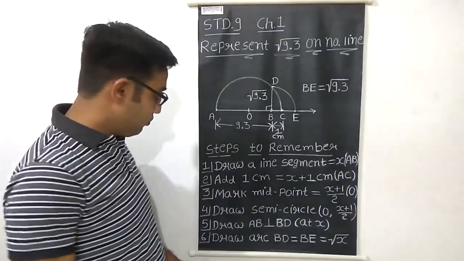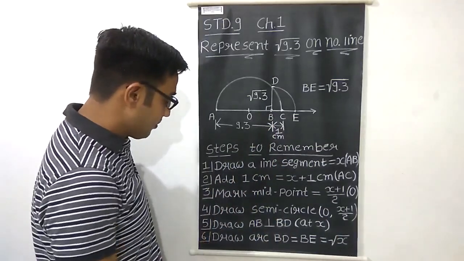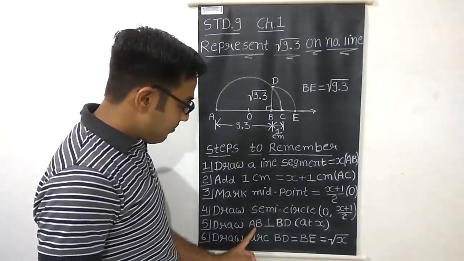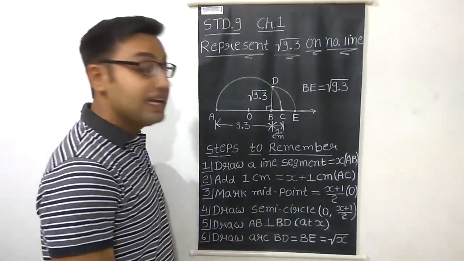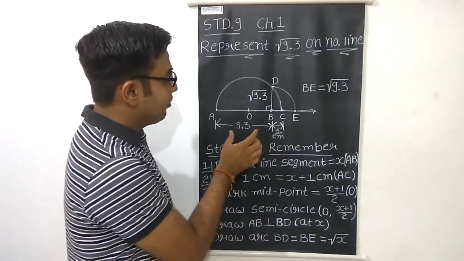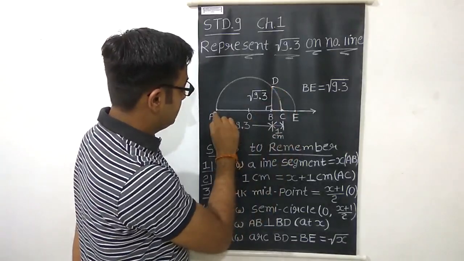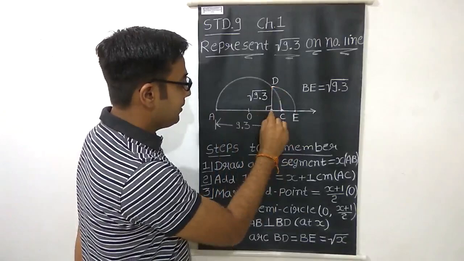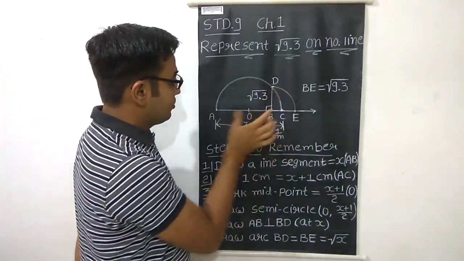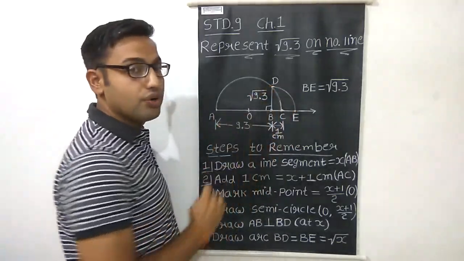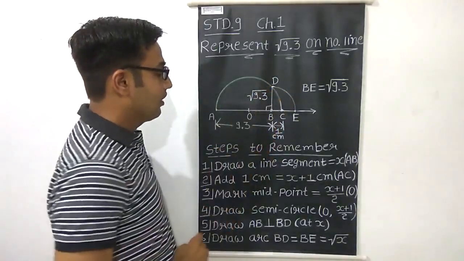Now what will we have to do? The fifth step is to draw AB perpendicular to BD. We have to draw this perpendicular BD from point B. So this is AB perpendicular to BD.